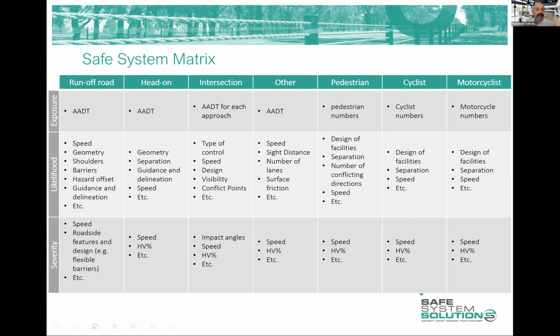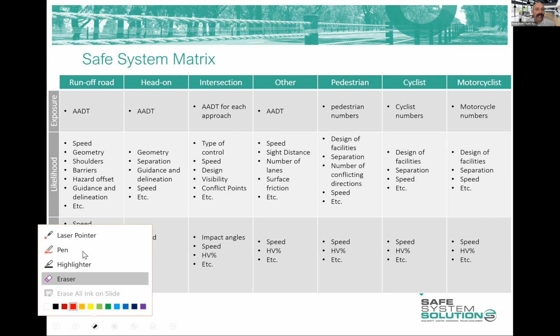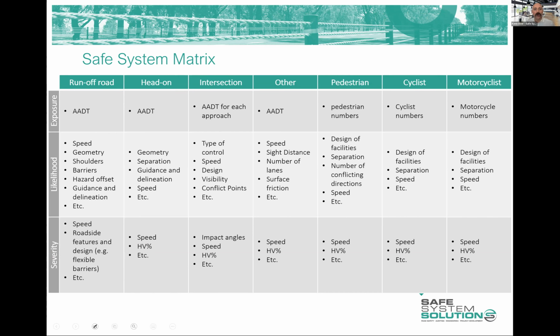There we go. What we're aiming to do is put a number into each of these cells of the matrix, and the number should be between 0 and 4 for each cell. So how on earth do we do that?